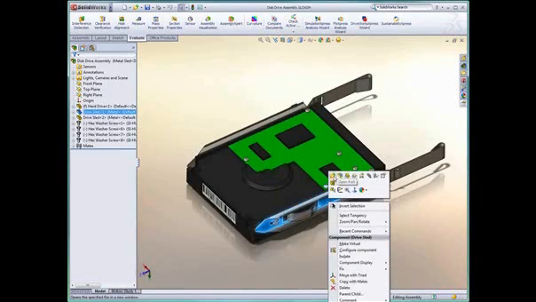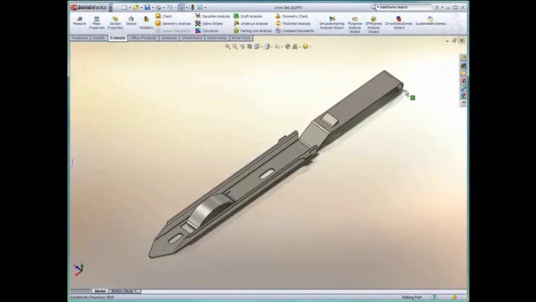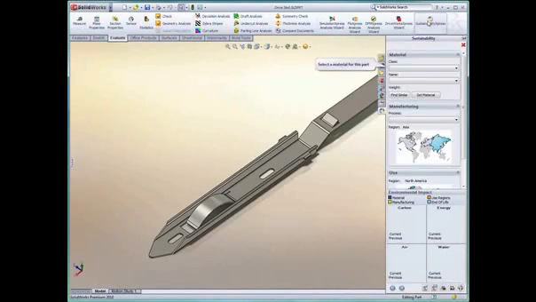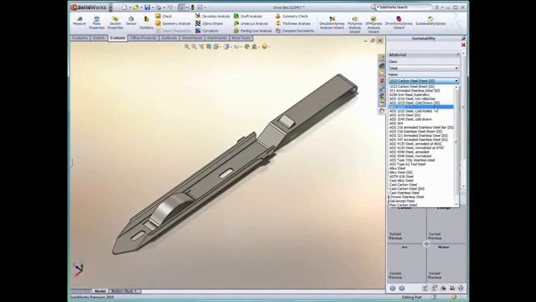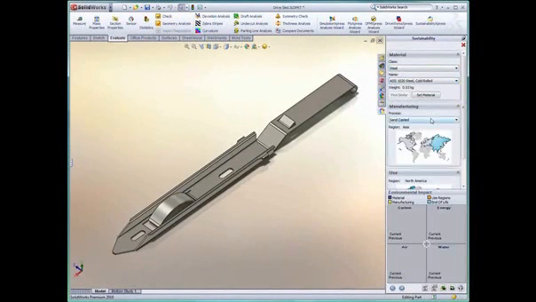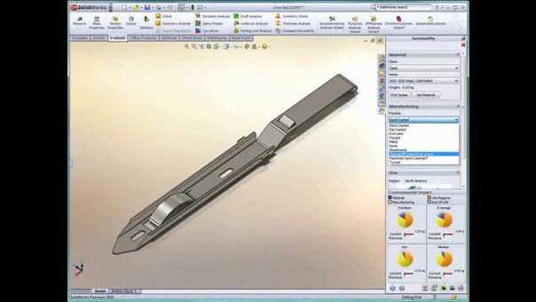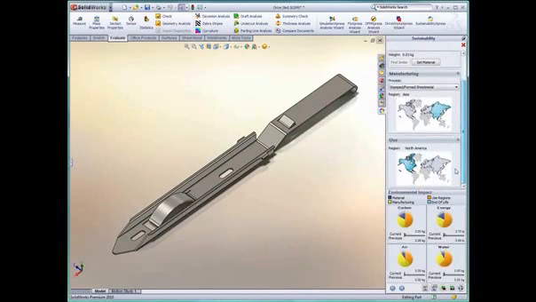Take this dry sled as an example. It is a liquid metal dry sled, and we can easily find its environmental impact. All we need to do is specify its material and its manufacturing method. In this case, it will be formed sheet metal, and then we choose the region to manufacture the part as well as where to use it.